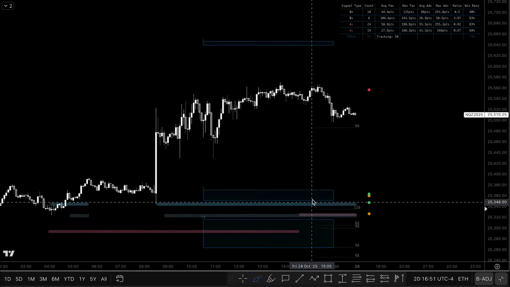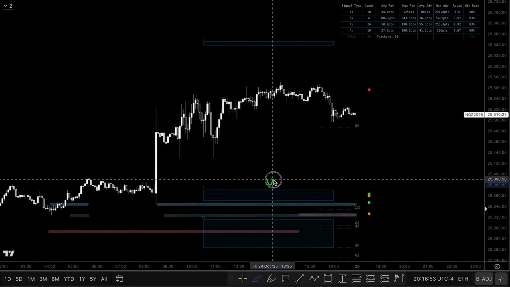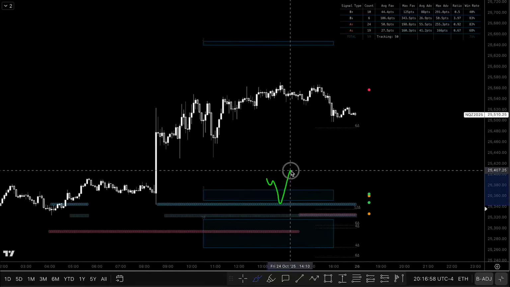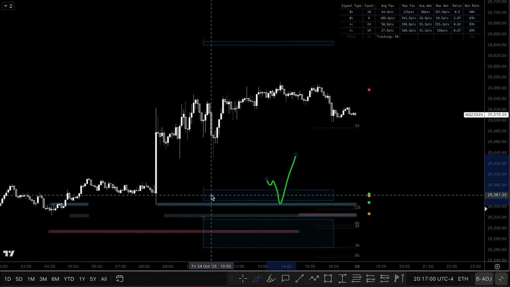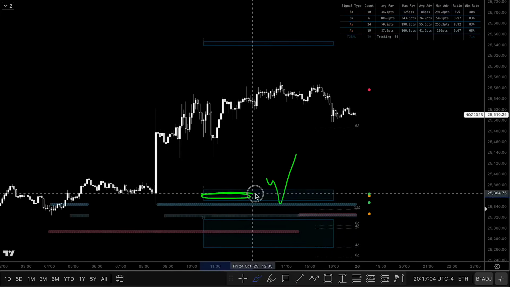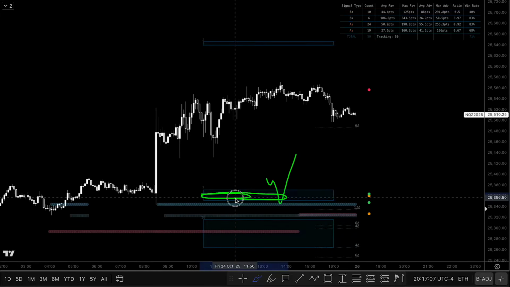So we know that the best trade would be if we had an iceberg sponsored stack. Most of the time, if you get a stack with an iceberg in it, that's a no-brainer to trade from. It gives you a reason to expect price to react from there quite dramatically.